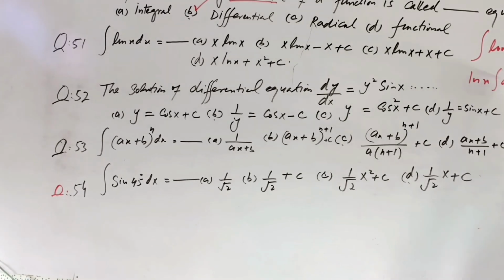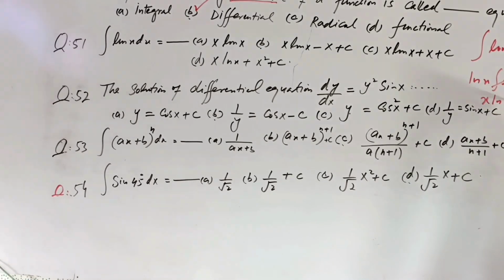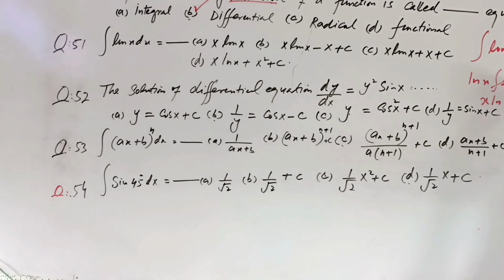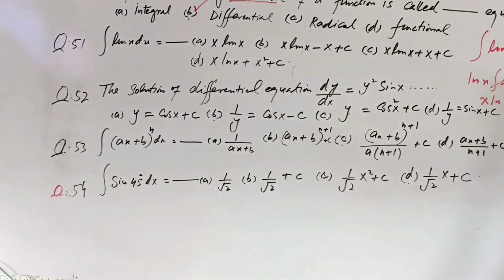So we get x log of x minus, integration gives x and the derivative of log x is 1 over x, plus c.